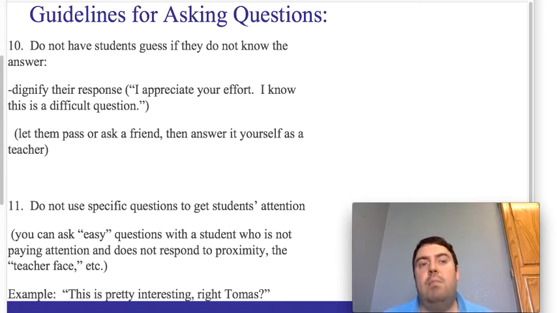So a question like this might be, this is a really interesting topic, right, Thomas? Or this really makes me think, right, Thomas? So something that students can just say right or yes. And they're, of course, going to get it correct and get to participate in front of their classmates, but it's not going to embarrass them.